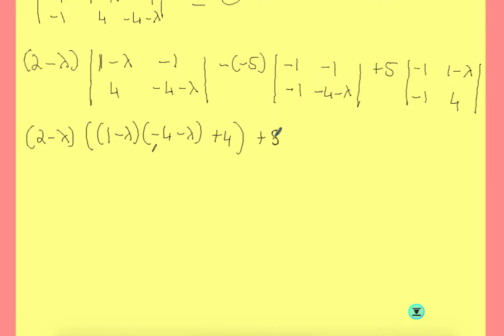Then plus 5, and then here you've got -1 multiplied by -4 take away lambda take away 1 plus 5, and then you've got -4 take away -1 times 1 take away lambda. Okay, now my advice would be to see these brackets you've done AD minus BC and always simplify them first, because it might be that there's an easy way out rather than having to multiply everything out. Sometimes it isn't though.